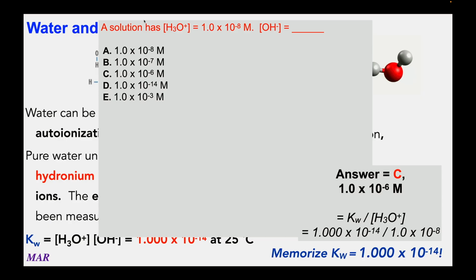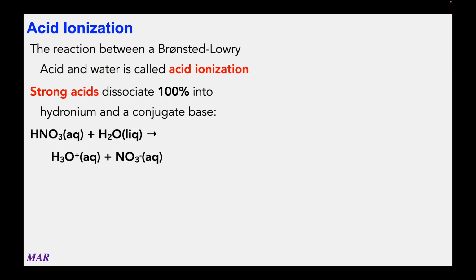If you did the math, this comes out to be 1.0 times 10 to the minus 6 moles per liter. That's the value of hydroxide when hydronium is 1.0 times 10 to the minus 8th. And notice if you multiply those numbers together, you should get Kw. Kind of cool.